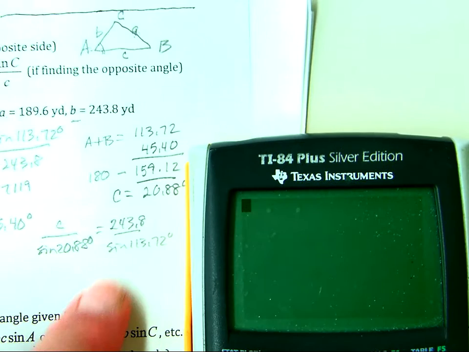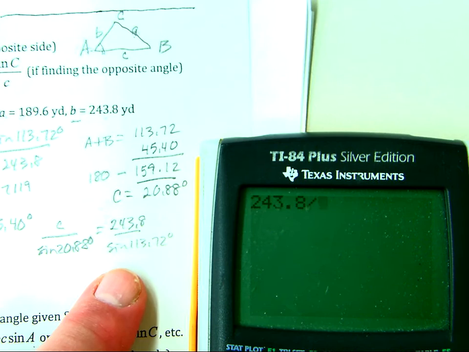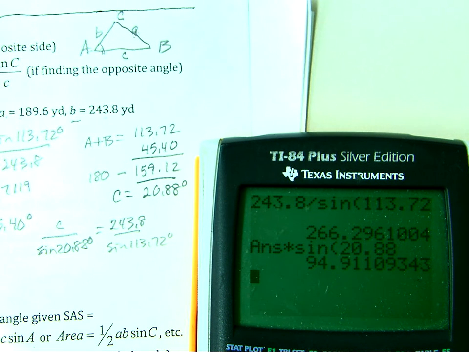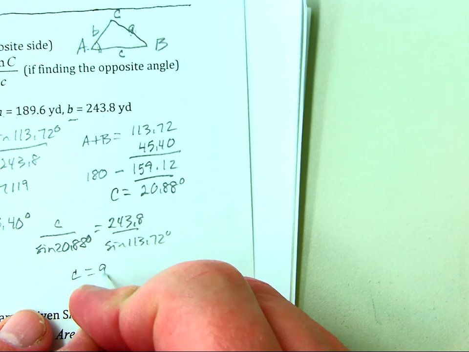I'm going to divide out that right-hand side, 243.8 divided by the sine of 113.72. Now we want to multiply by the bottom of the other side, so take that times the sine of 20.88, and I get 94.911.